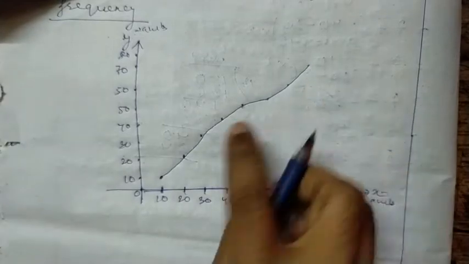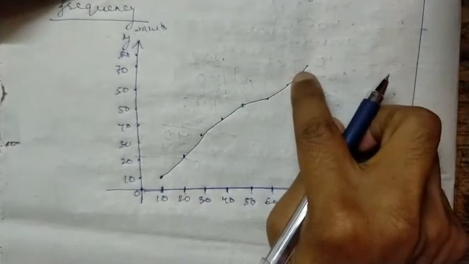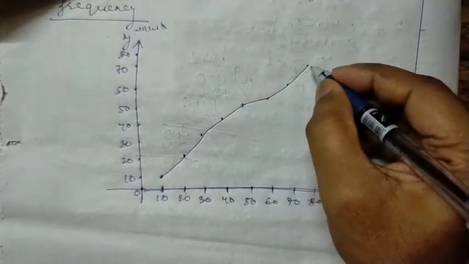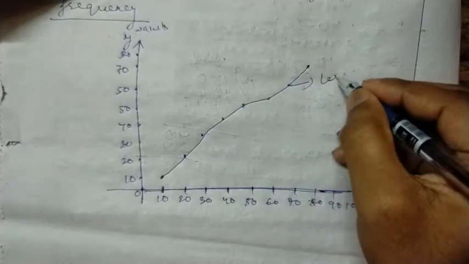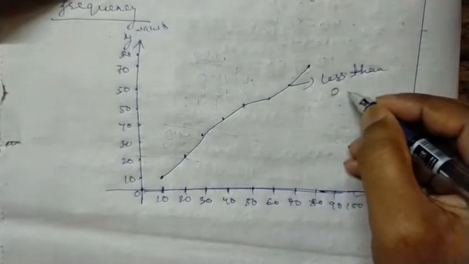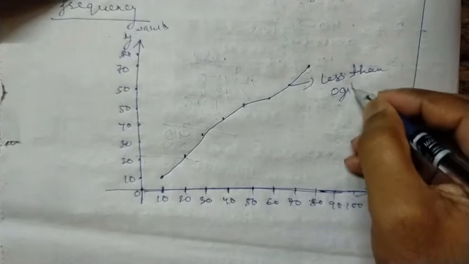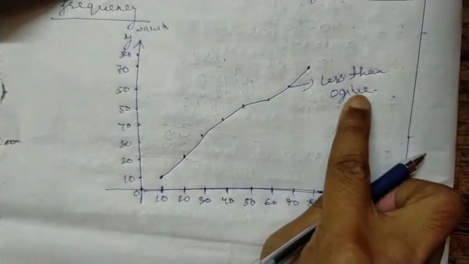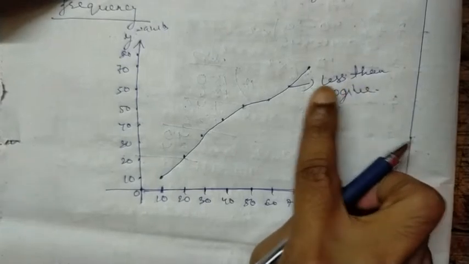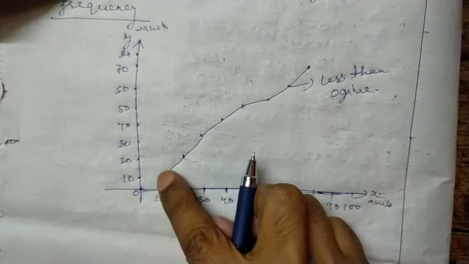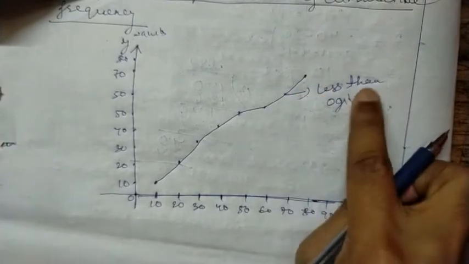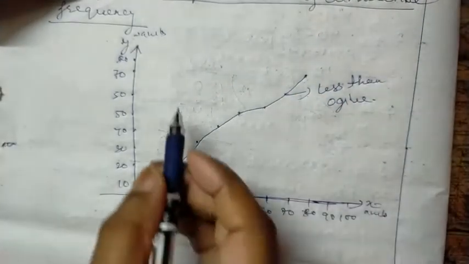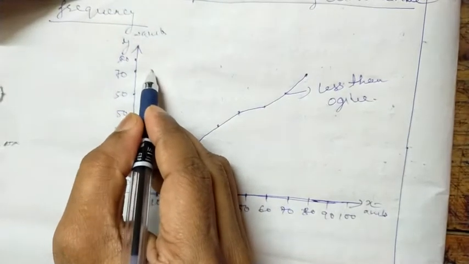If the graph moves in the upward direction, from lower to upwards, we call this a less than ogive. Okay, we can call this ogive. If the graph moves in upward directions, we will say it is a less than ogive graph.